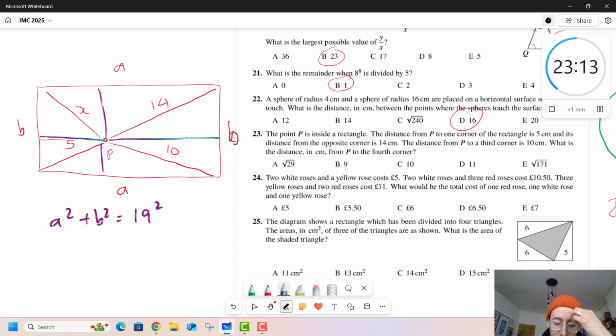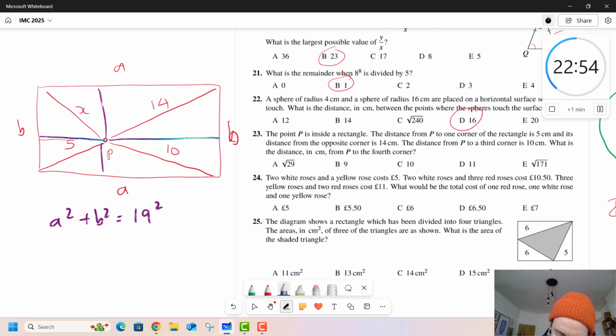This is interesting, like the ratios and stuff. This is cool. Now if I just split it up like this, so that's 5, that's 10, that's 14, that's x. So this feels like all sorts of Pythagoras.